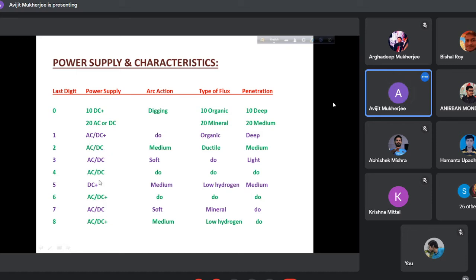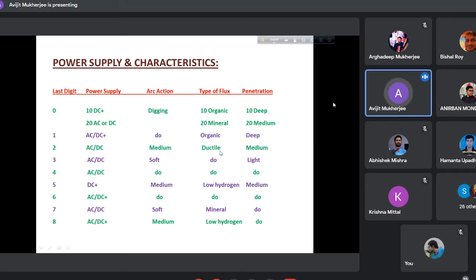Similarly, there are various numbers up to 8. If it is 8, again AC or DC. So medium, low hydrogen, medium. So actually for AC, DC, these parameters are almost all same. But if it is 2, either AC or DC, no terminal positive or negative has been mentioned here. The digging arc action is medium.